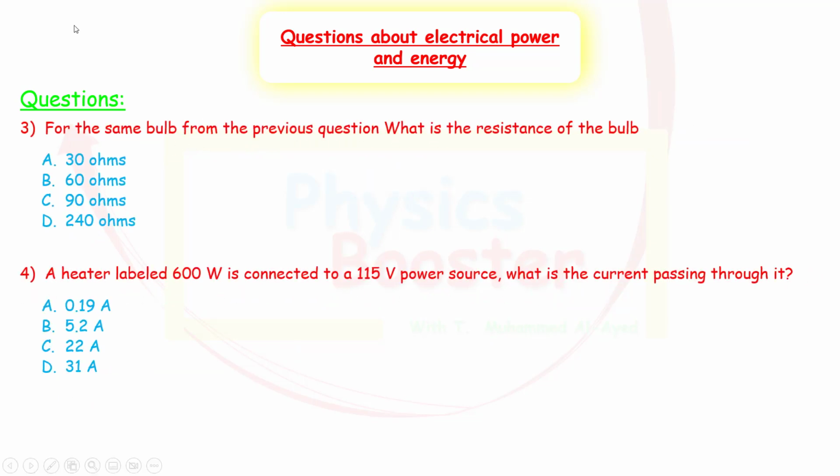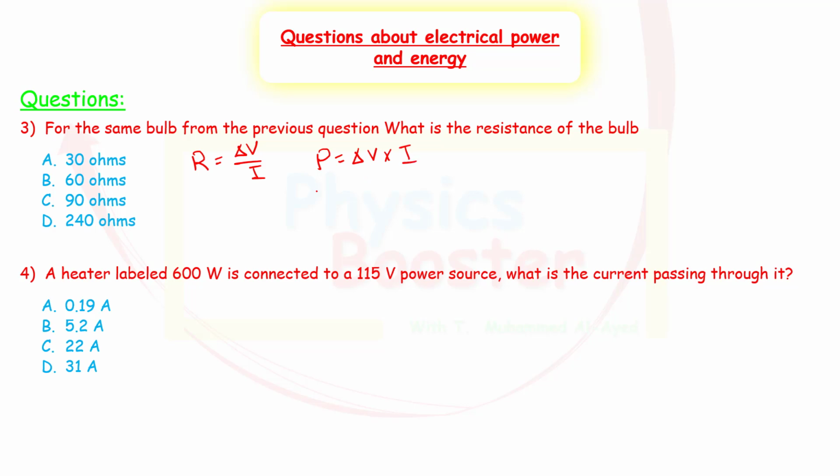Question number 3. For the same bulb from the previous question, what is the resistance of the bulb? Okay, we know from Ohm's law that R is equal to delta V over I. Now we have delta V from the previous question. What we need is I, but we know that P, which is the power, is equal to delta V multiplied by I, right?